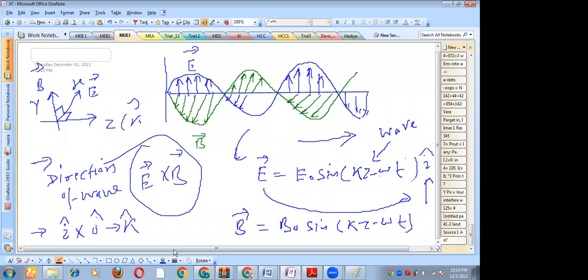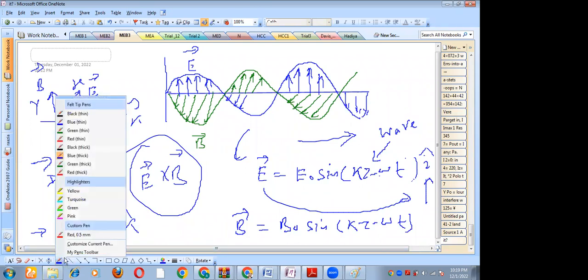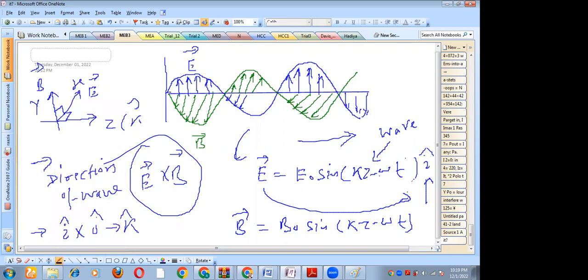The inside term represents the direction of wave motion, and the outer thing will represent electric field and magnetic field.